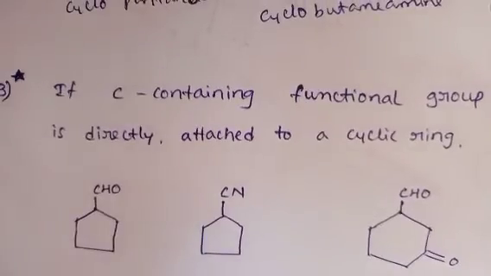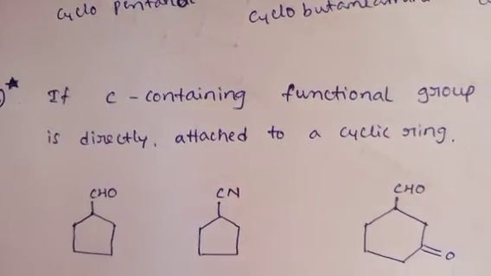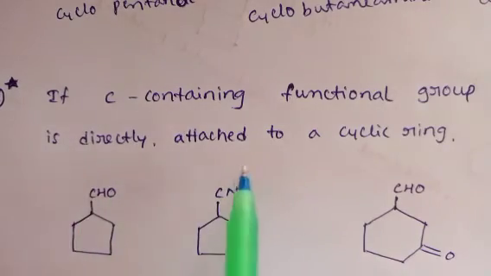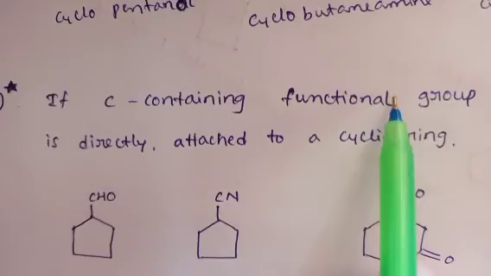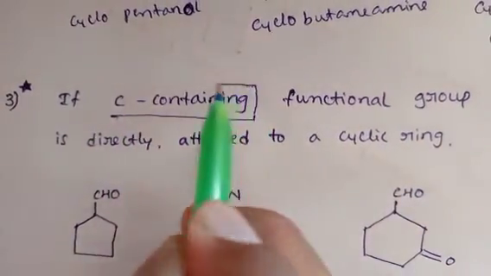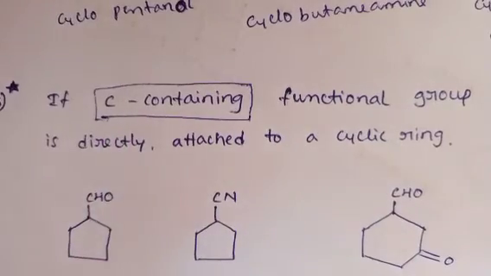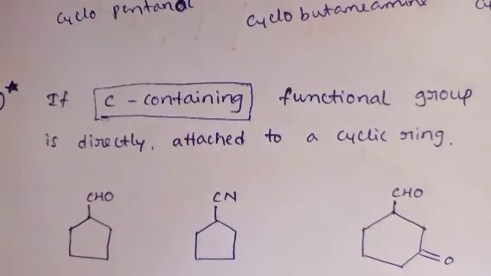Next model, third model. If a carbon-containing functional group is directly attached to a cyclic ring. So the functional group is attached, but that functional group contains carbon. Carbon containing means CHO, CN, COOH, COOR and CONH2, that type of functional groups.